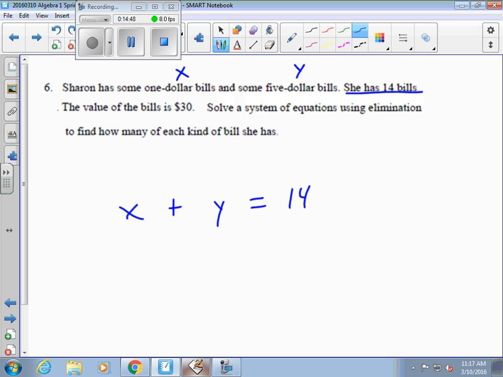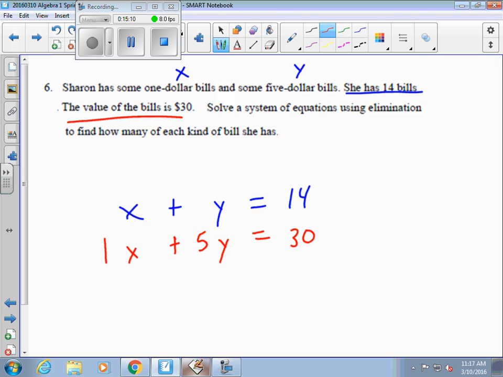Your second equation, the value of the bills is $30. 1 times x, because that's how much a $1 bill is worth, plus 5 times y, because that's how much a $5 bill is worth. It says their worth is $30.